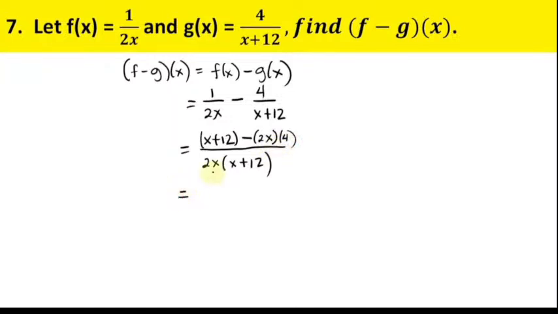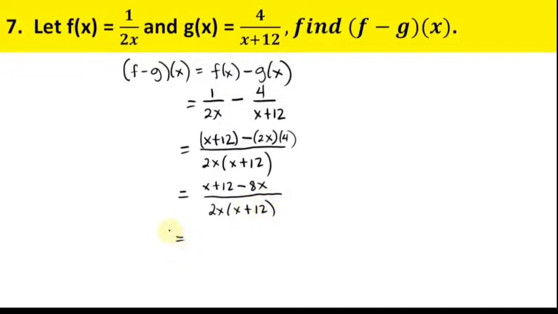Then simplify, so x plus 12 subtract 4 times 2x, that is 8x over 2x times x plus 12.